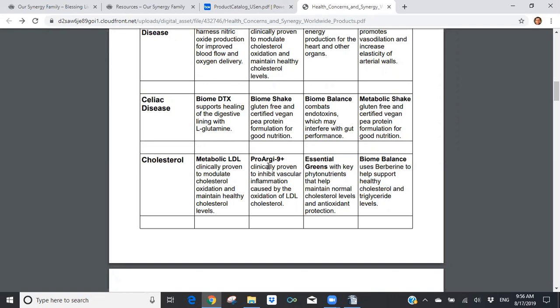If they're still having some issues, I would suggest that you look at this product called Metabolic LDL from Synergy Worldwide. And the reason why is it's been clinically proven to modulate cholesterol oxidation. The medical community tells us that the key to cholesterol is your overall cholesterol levels.